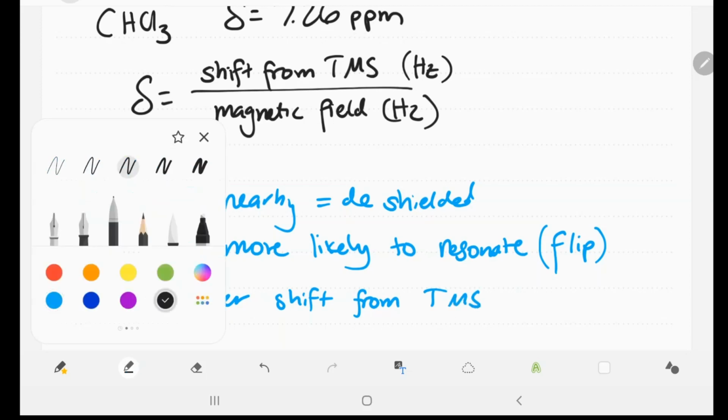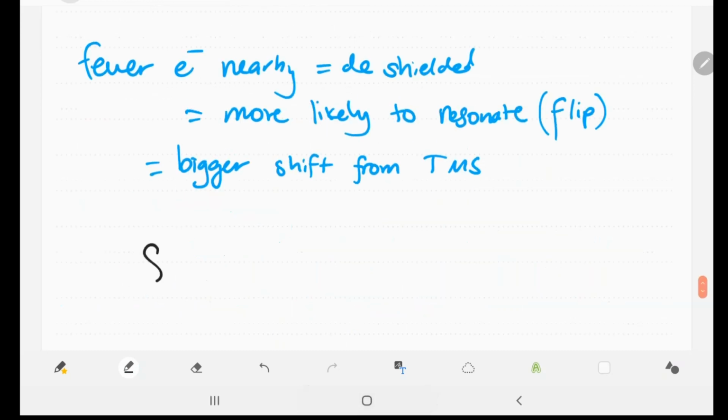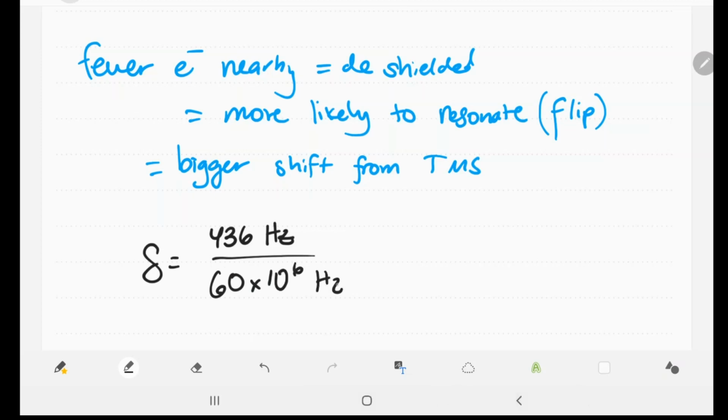So in a particular field, we'll see that the chloroform proton will flip 436 times more frequently than the TMS one does. And we'll say this is our 60 megahertz instrument.